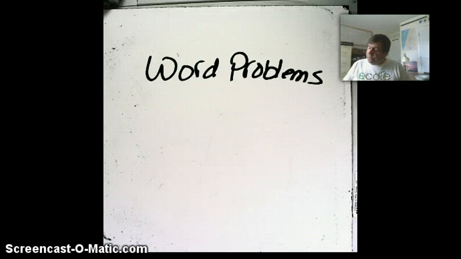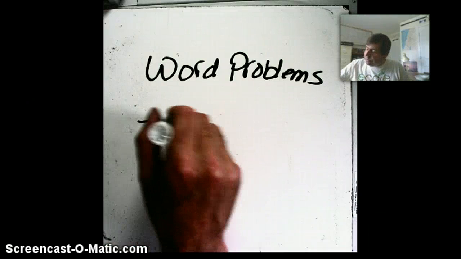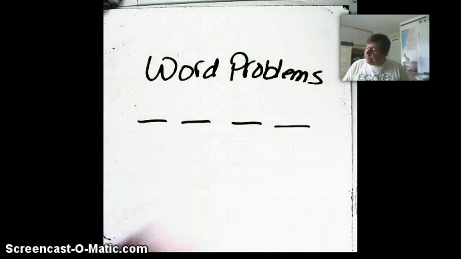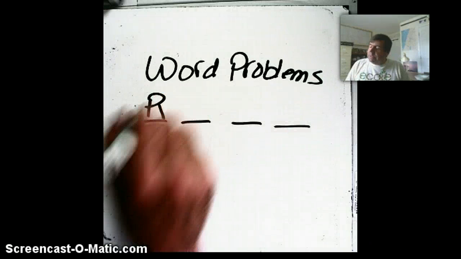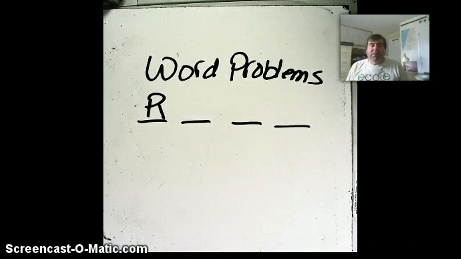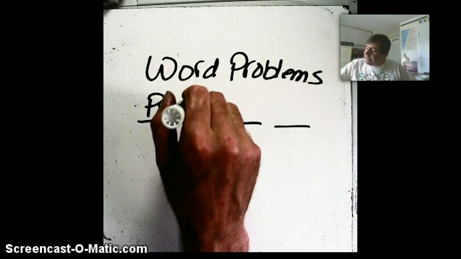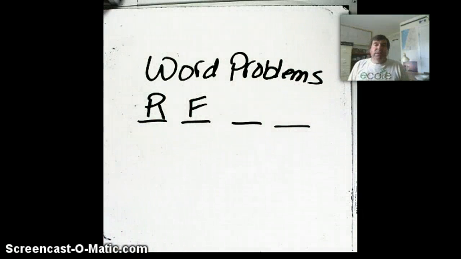Just remember, you have 4 basic steps. 1, 2, 3, 4. The first thing I want you to do is read. Read the problem from beginning to end. Get it in your mind, sort of. Then get your facts out. You're going to get your facts out and you're going to put it together where you have some type of an equation.